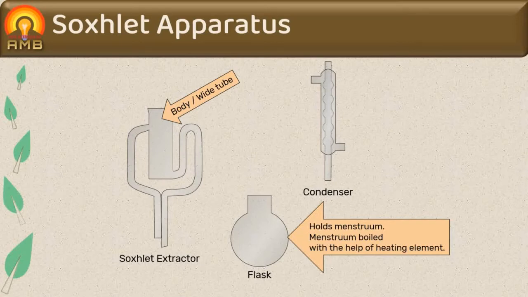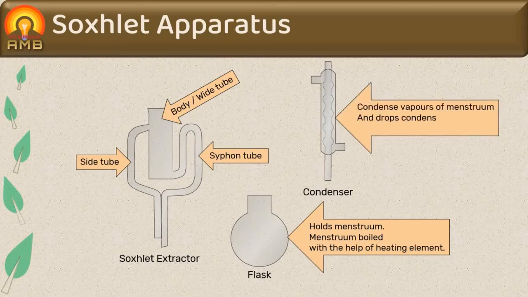It also has a side tube which carries vapors of menstruum from the flask to the condenser. It also has another tube called the siphon tube, which drains the extract from the white tube to the flask. The condenser condenses the vapors of menstruum coming from the side tube and drops the condensed liquid on the drug column.